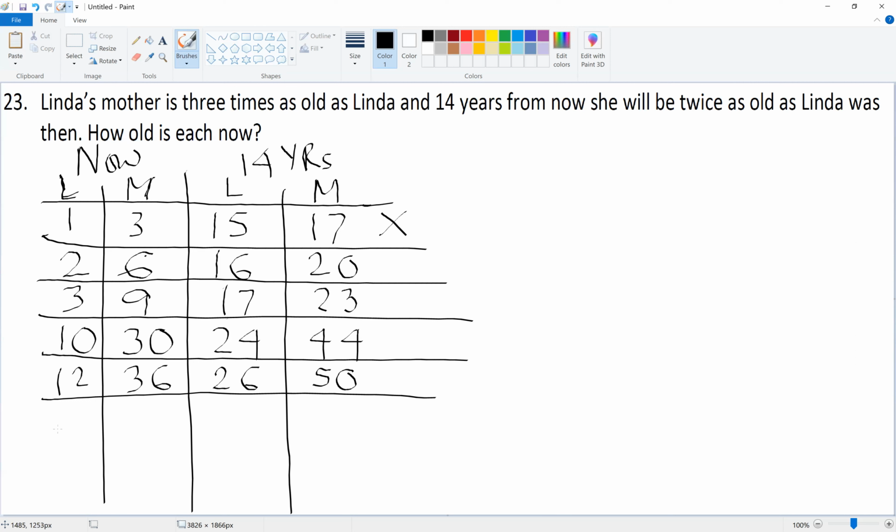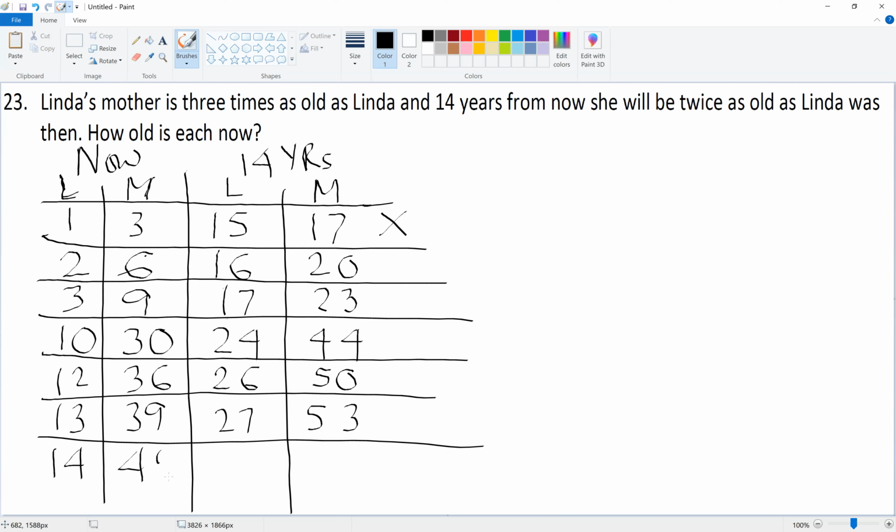So you're almost there. 13, 39. This would be 27, and 53. So we're almost double. 14, 42. 28 and let's see, 56. That's double. That's double.